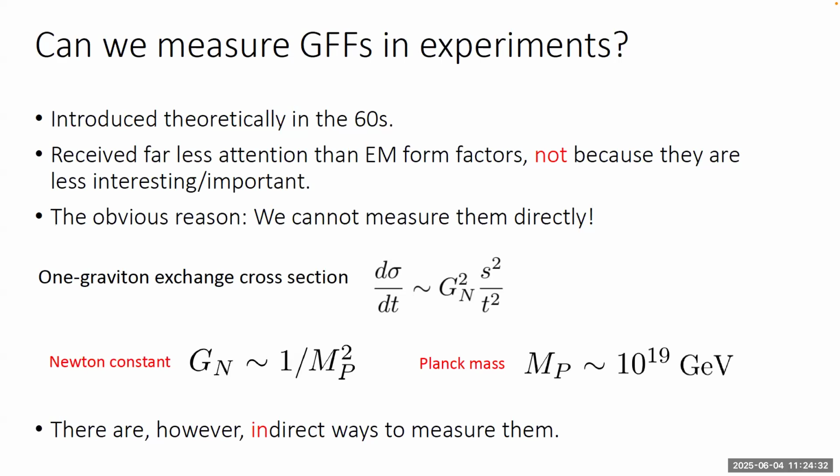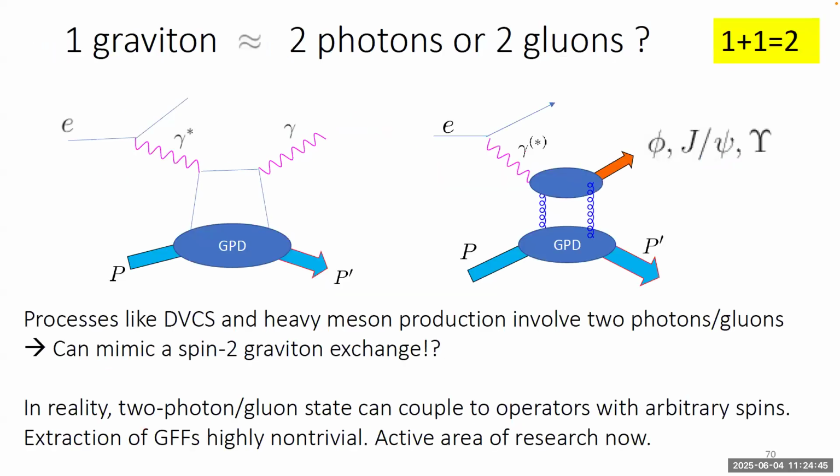So a direct measurement is impossible from this argument, but there are some clever people out there, theorists, who came up with indirect ways to measure this form factor. Let me tell you a little bit about that. The idea is very simple. I want a spin 2 particle.